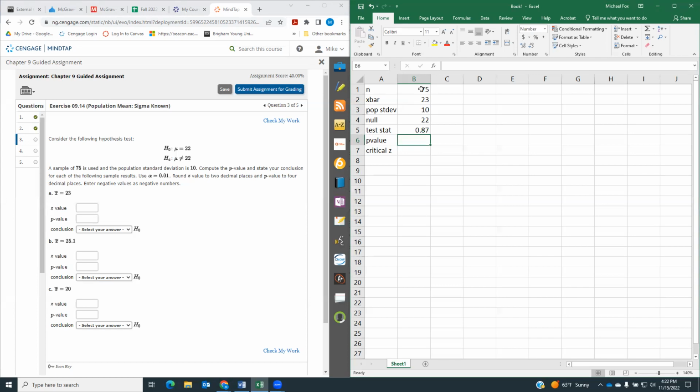So now we have a couple of issues. The first is if we find the p-value, well, the p-value, the probability of getting this has to be two-tailed, okay? So what that means is when I do equals NORM.S.DIST, and I put this z-score, true, this is going to give me this big giant p-value of 0.8067.